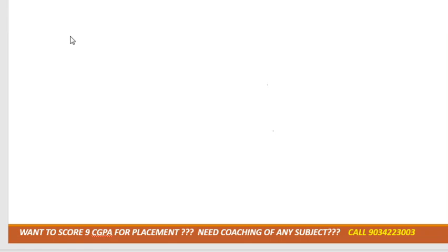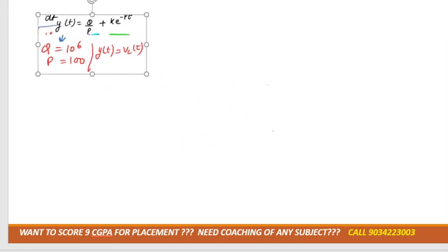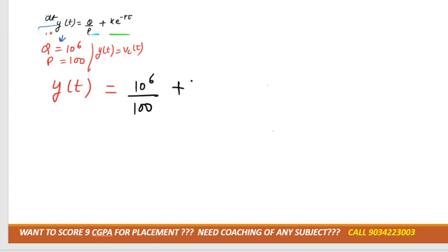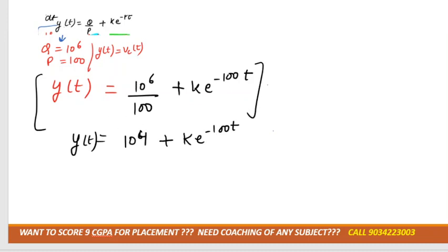Then after that you have to calculate k also, and this y of t will be equal to q by p, which means 10 raised to power 6 by 100 plus k into e raised to power minus 100t, right? So now solve it. 10 raised to power 6 by 100 is how much? To calculate k, we need to put t equal to 0, right? Yes or no?